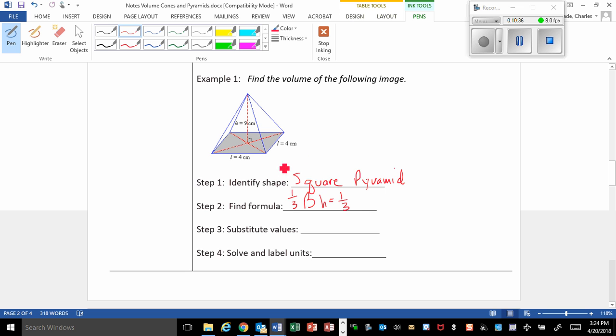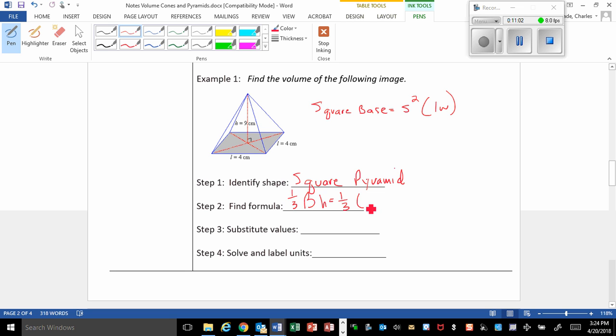1/3, what is the shape? Well, the shape is a square. It's a square base. On your formula sheet, a square is s squared. Sometimes that's length times width. Same as a rectangle, it doesn't matter because you're multiplying. So we get 1/3, and what's 4 times 4?